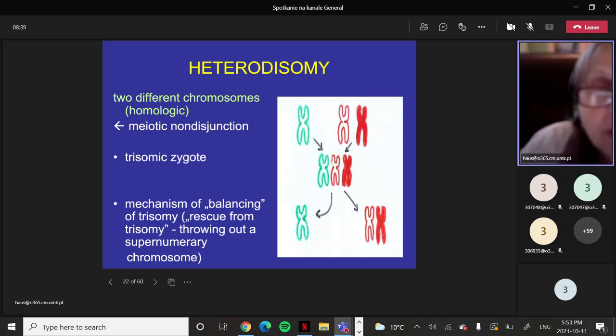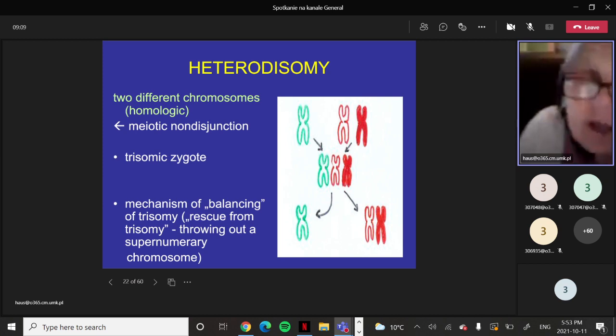For example, you have two parents, one green parent, one red parent, and this green parent gives one chromosome of this pair of chromosomes to his or her germinal cell.